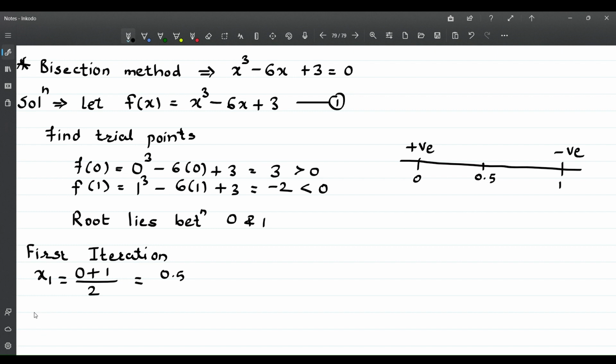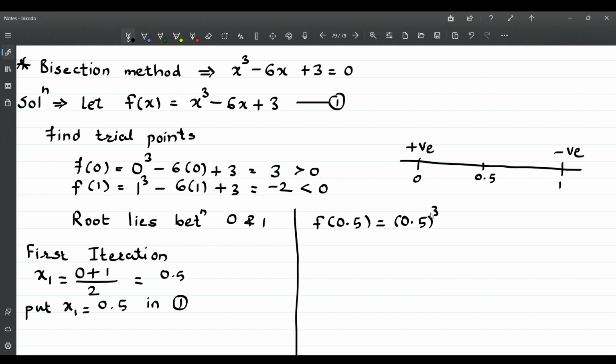Now we have to put this value in equation 1 also. Whatever the new value of x1, x2, or x3, we have to put this value in equation 1 for checking whether the answer is negative or positive. So f of 0.5 is equal to equation 1: 0.5 cube minus 6 into 0.5 plus 3.